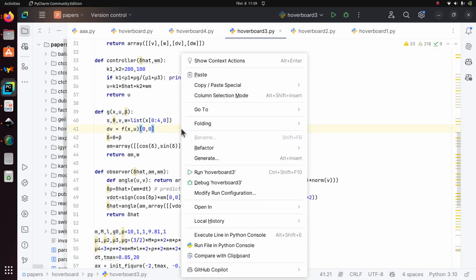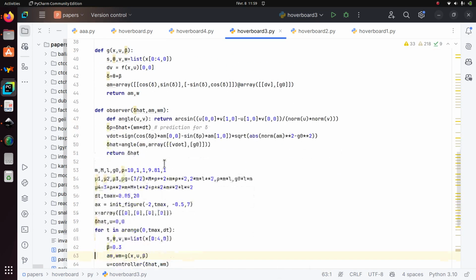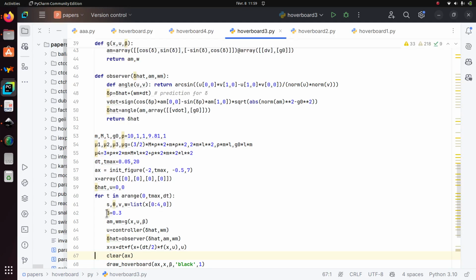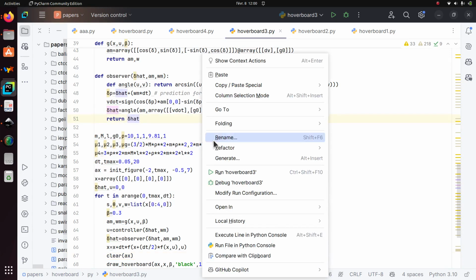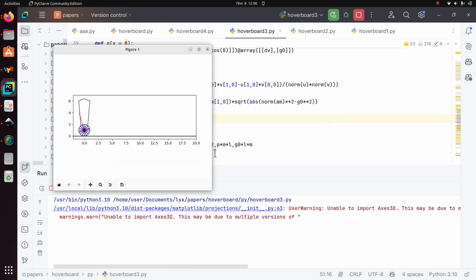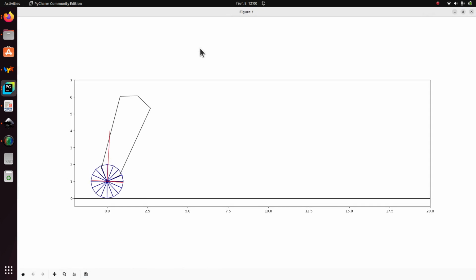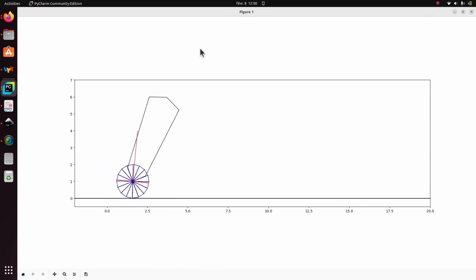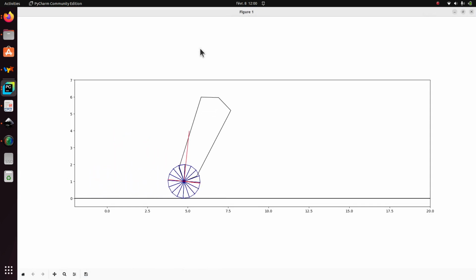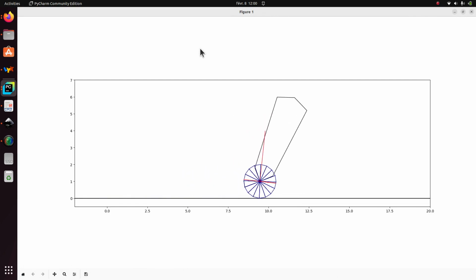So let me run this function. Since I put the same situation as previously, I mean beta equal 0.3, if all is working well, I should accelerate. And I obtain exactly the same situation as the one I got previously without the observer.